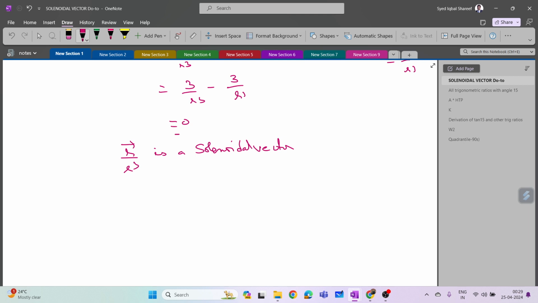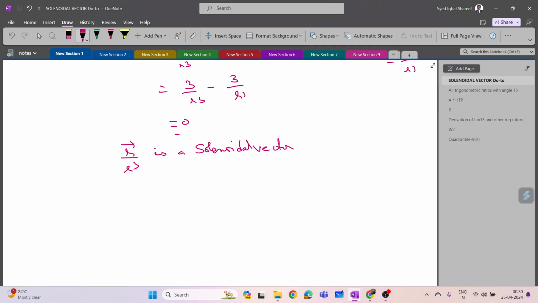Any other problem do you have? That's it. We are done with all types of solenoidal vectors. So what is a solenoidal vector? Nothing: del dot f equals 0 or divergence f equals 0. What is divergence?